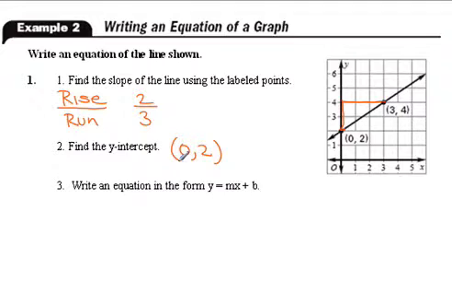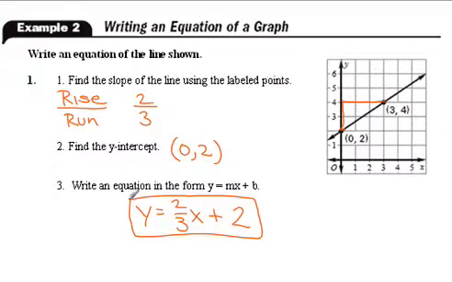Okay, so now we have the slope, we have the y-intercept, we simply write it in slope-intercept form. So y equals, my m is 2/3. I know an x goes there. My y-intercept is 0, 2. I use the 2 from that. And there's my equation.